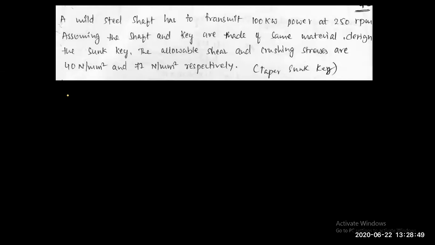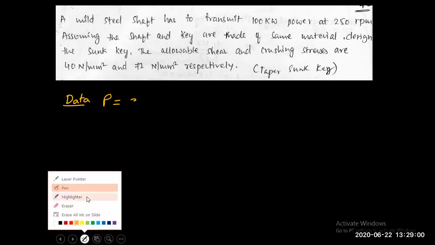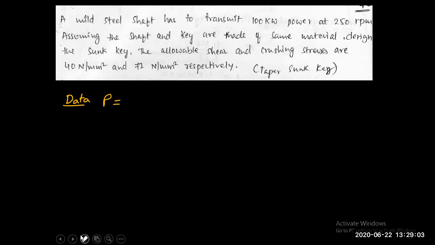Okay, let's write down what is given. So data is given as power P equals 100 kilowatts. Then you have N, the RPM, as 250, and you have to design this sunk key where allowable shear stress, tau D2, is written this way.